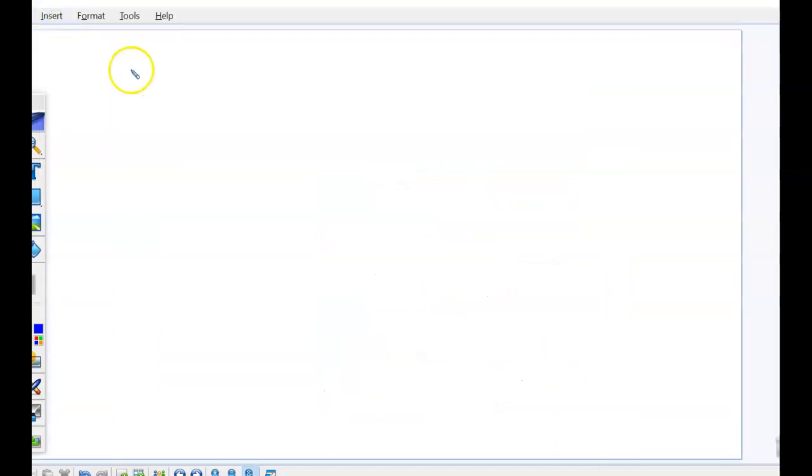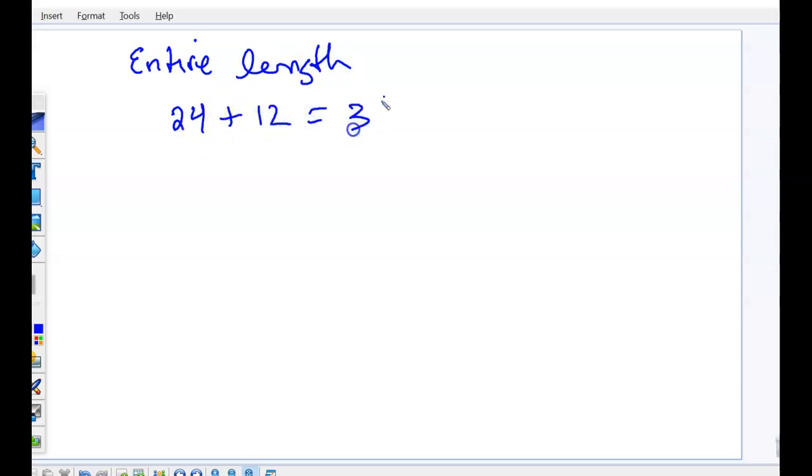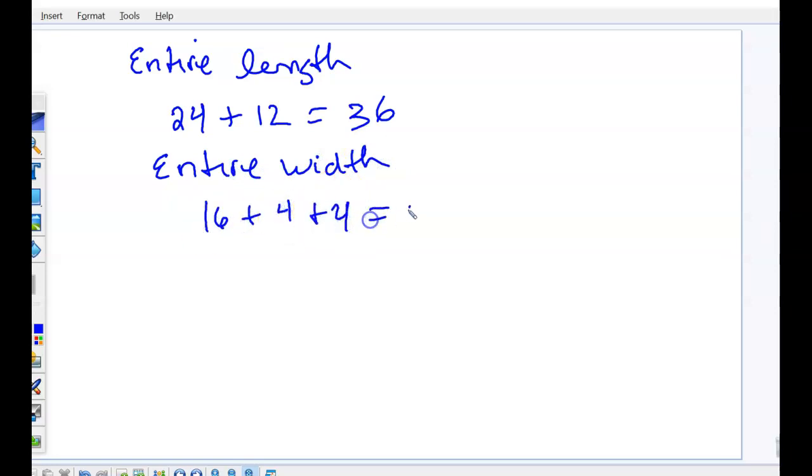So therefore, the entire length now is going to be 24 plus 6 on top and 6 on the bottom is 12, which is going to be 36. And the entire width, 16 plus 4 on the left and 4 on the right, which is going to be 24. So therefore, we'll say our final statement with the units.